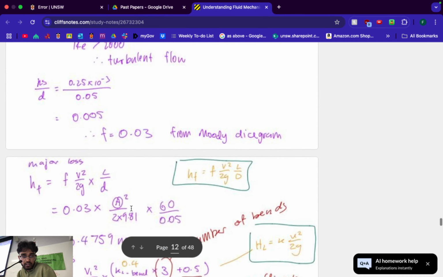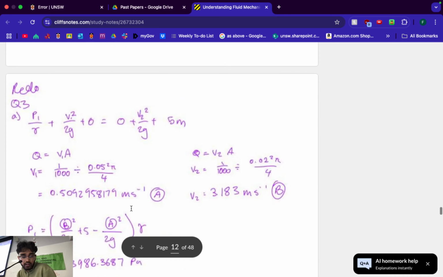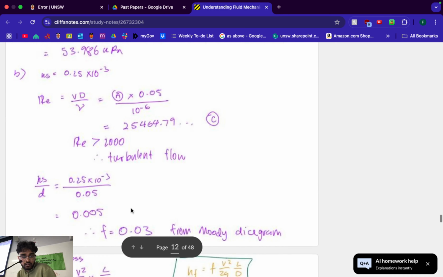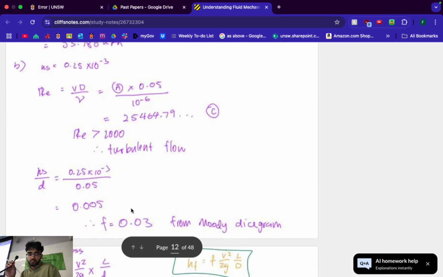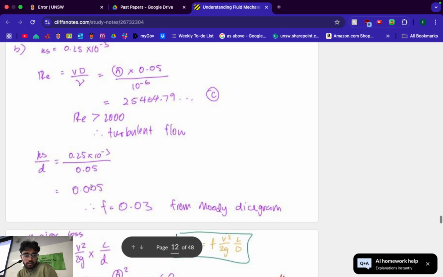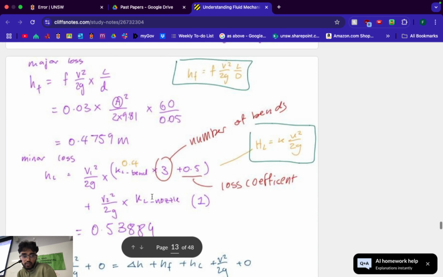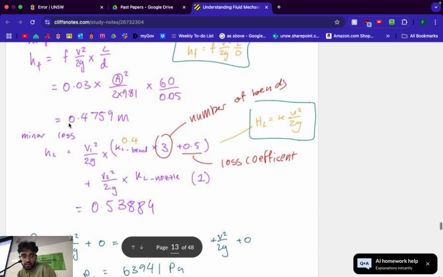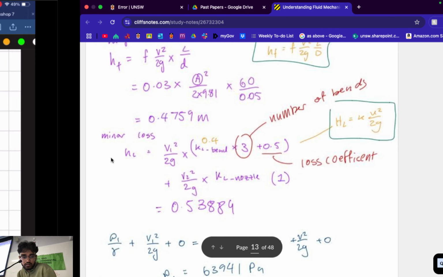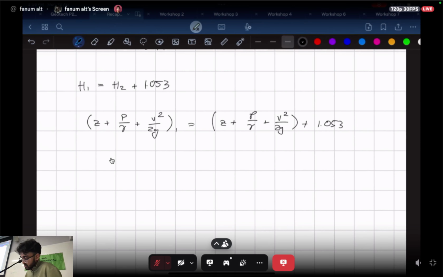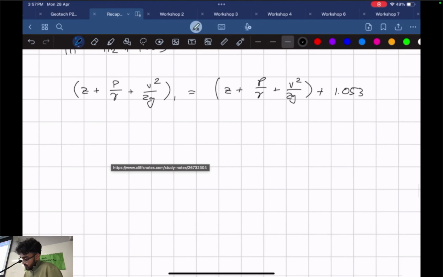They've got a completely different answer. But to be fair, the head loss was different as well. Yeah, so they use a different value for Moody diagram. So we're just gonna do it this way, even if I get it wrong.